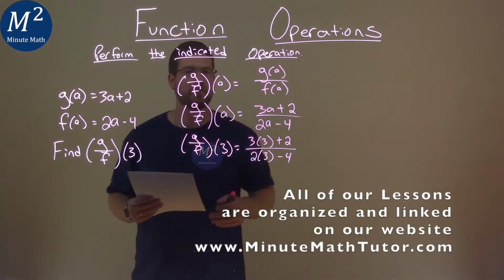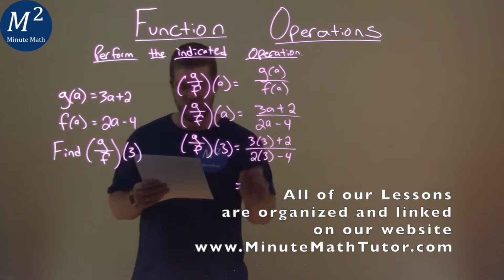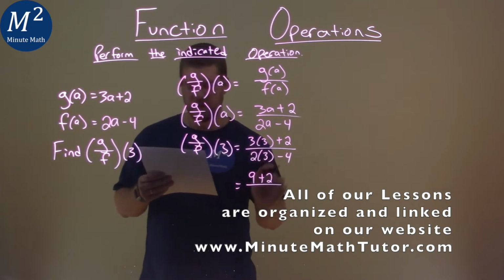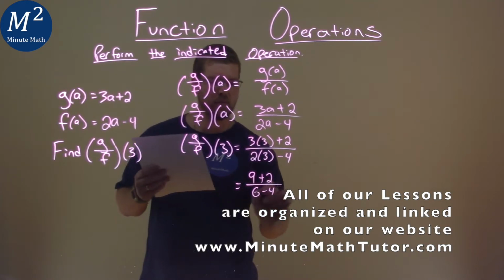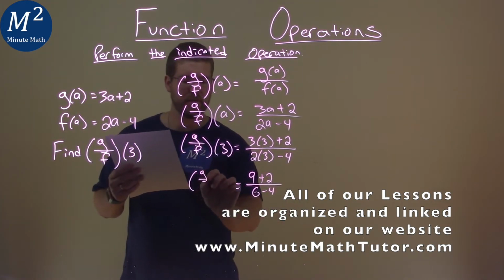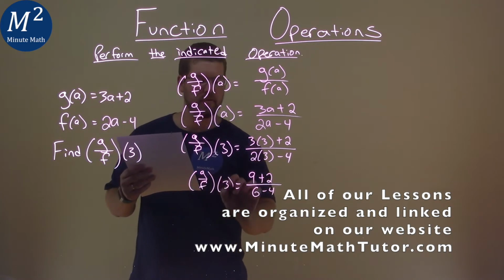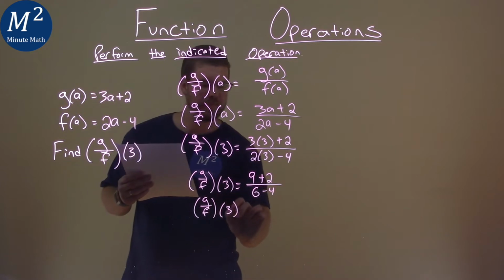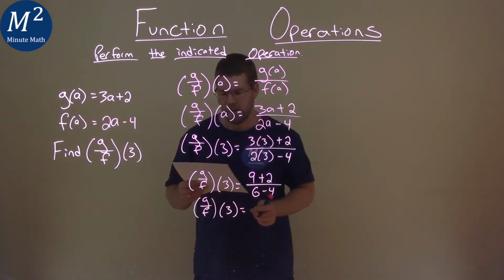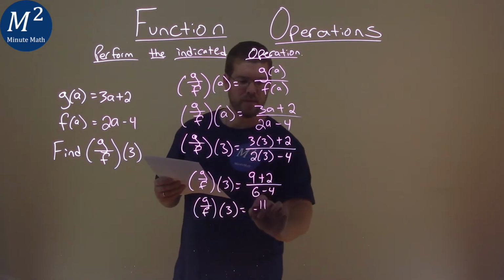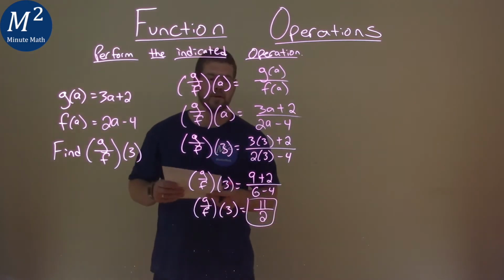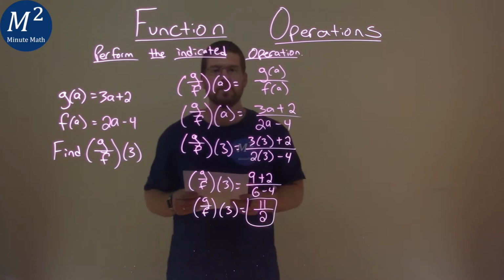So now let's go simplify the numerator and denominator. 3 times 3 is a 9 plus 2, and 2 times 3 is a 6 minus 4. Let's keep labeling. It doesn't take too long to label. Let's do the next step, label. And let's simplify this. 9 plus 2 is 11, and 6 minus 4 is a 2. And so our final answer here is just 11 over 2.